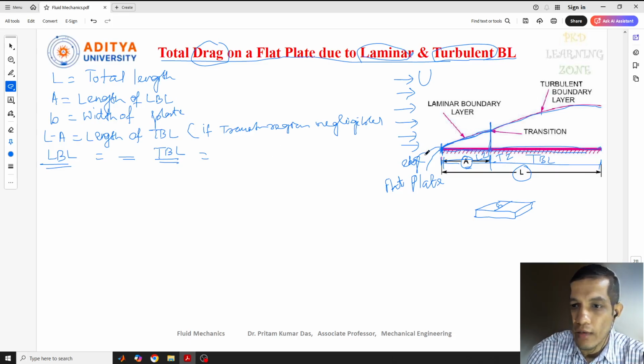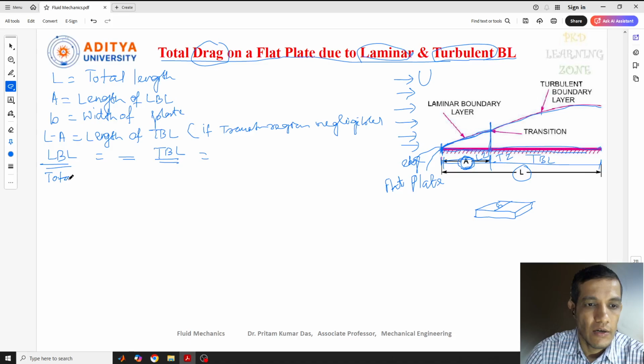If the turbulent boundary layer is calculated from the leading edge, then obviously we need to assume that the laminar boundary layer is negligible or very, very minimal. But we can see the laminar boundary layer has some length here, which is not negligible. So what I meant to say, as I have written here, is that the total drag force needs to be calculated.